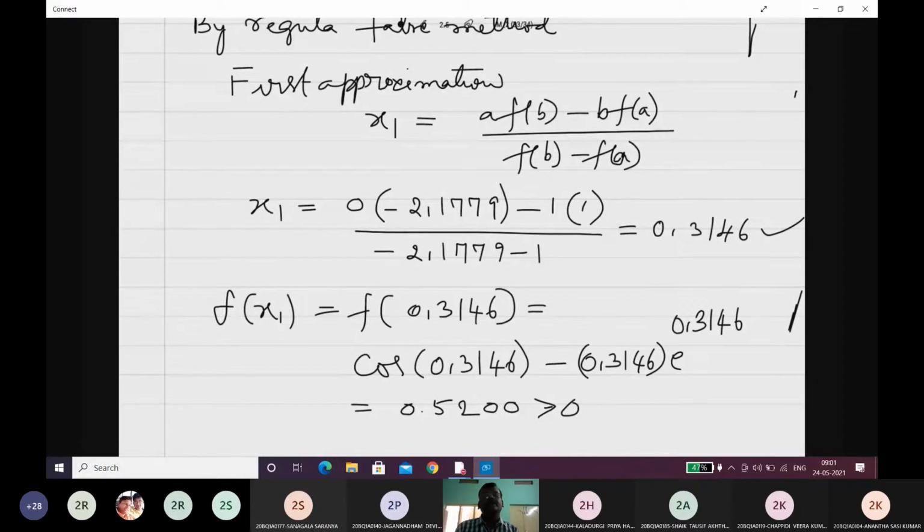Cos of 0.3146 minus 0.3146 into e power, meaning shift ln of, e power comes, so we have to type the value 0.3146. Look once, all of you.